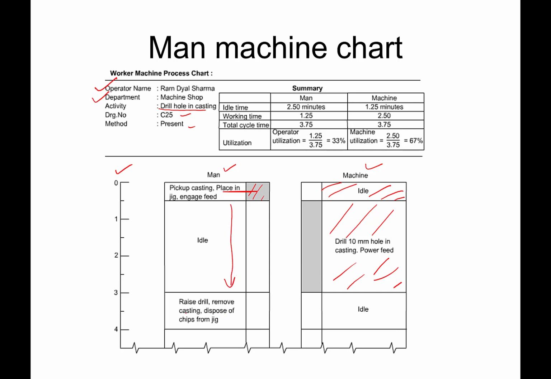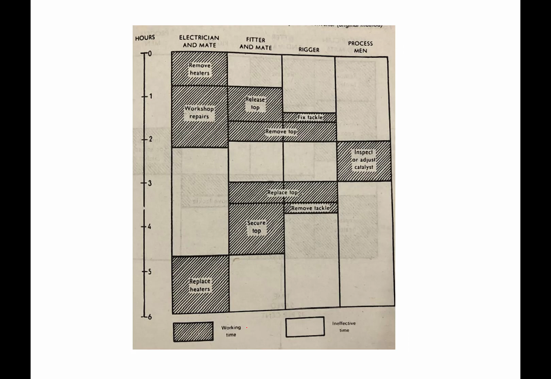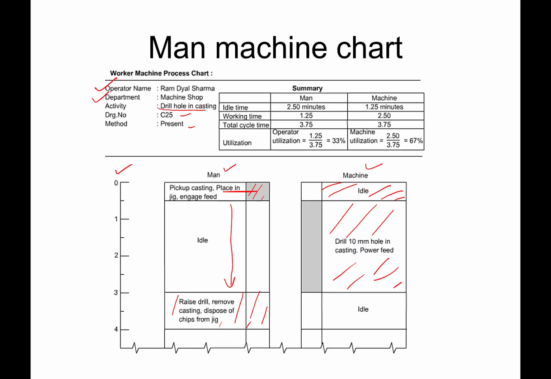Then he raises the drill, removes the casting and disposes of the chips from the jig. So this is the period during which the worker is engaged and the machine is idle.